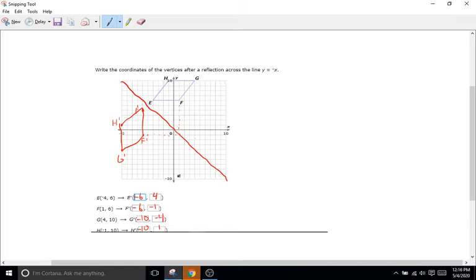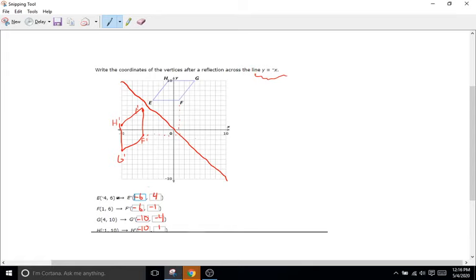Now, what you might have noticed down here is there is another pattern for y equals negative x. Whenever you are reflecting over the line y equals negative x specifically, and only this line, look what you can do. You can switch the x and the y, and then flip the signs of both.